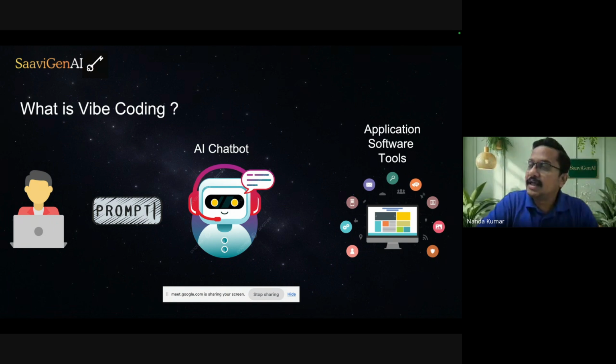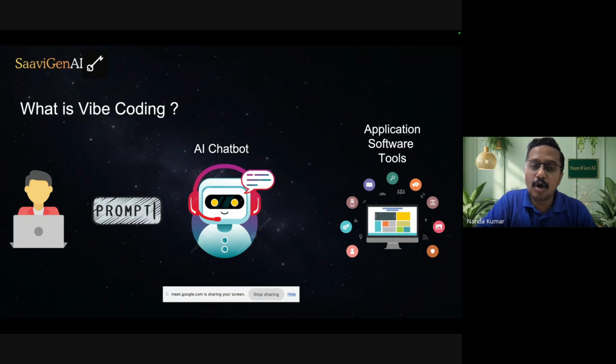Another small question: if you want to build a website, do you really need a web developer or a full stack developer right now? It depends. If you want to do a POC, proof of concept, or just a prototype, you don't need a full stack developer. All you need is ChatGPT or Perplexity.